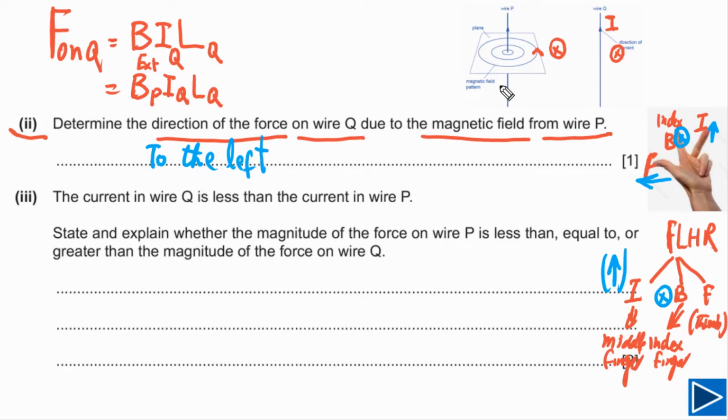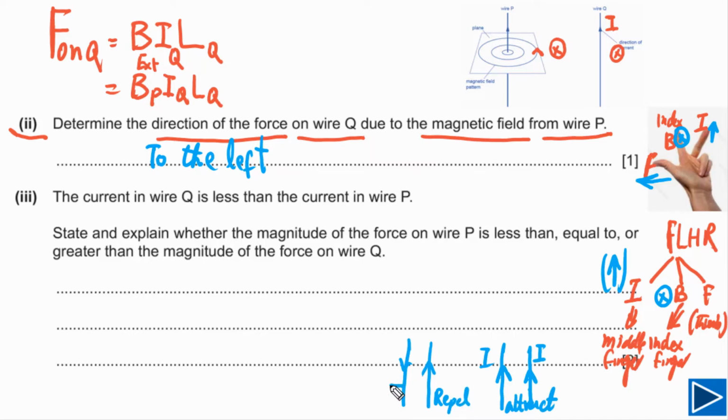But another way to understand this one is, as we have discussed in previous videos, if current flows in wires in the same direction, these two wires will attract each other. But if current flows in wires in opposite directions, these two wires will repel each other.